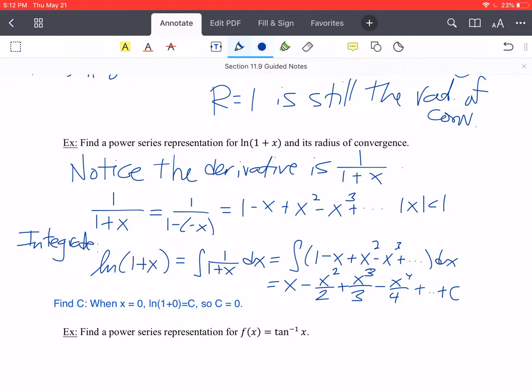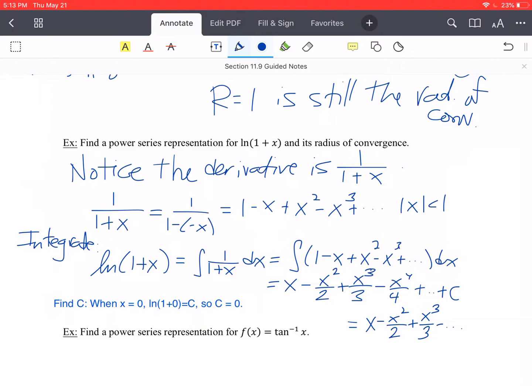So this gives us just x minus x squared over 2 plus x cubed over 3 minus etc., onward forever, plus 0 because of that c.